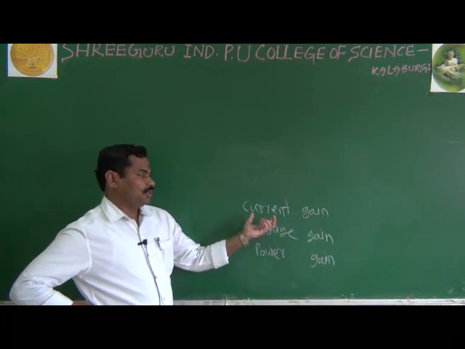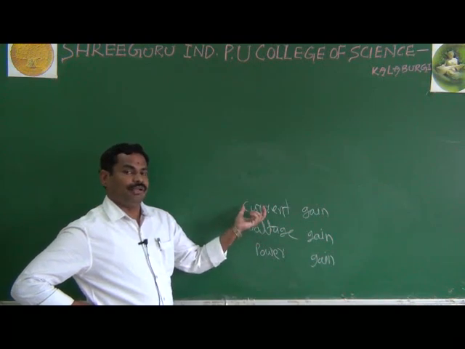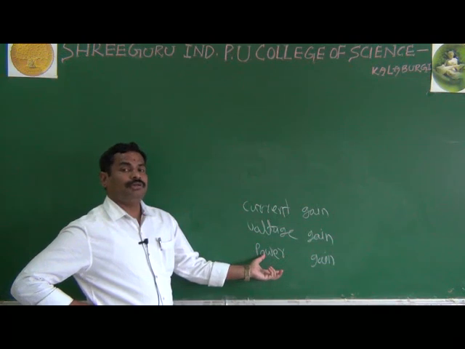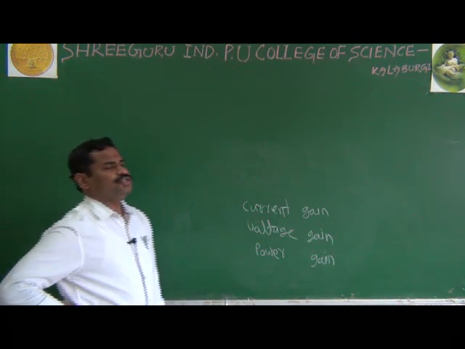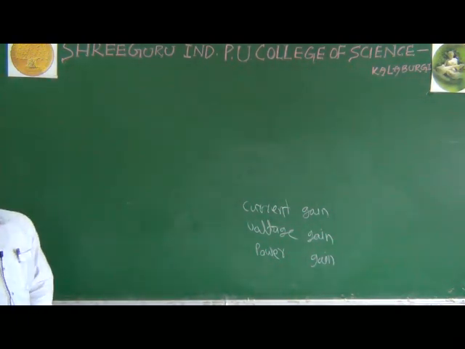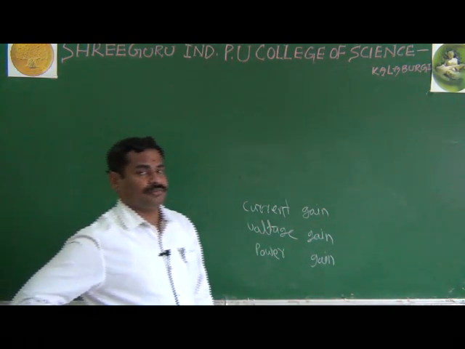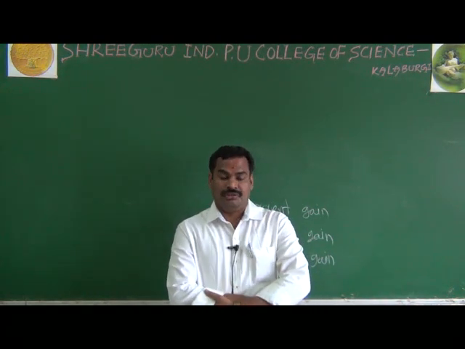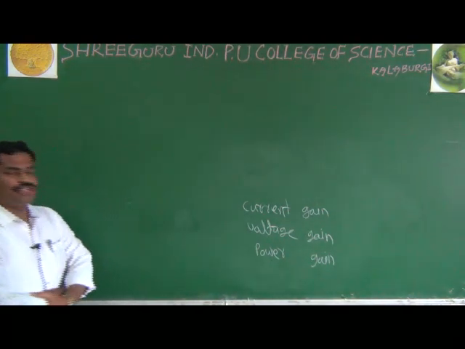And how to remember this? I said VIP: V is voltage, I is current, and P is power. Also, to remember this, consider the students as the electrons. What is current?